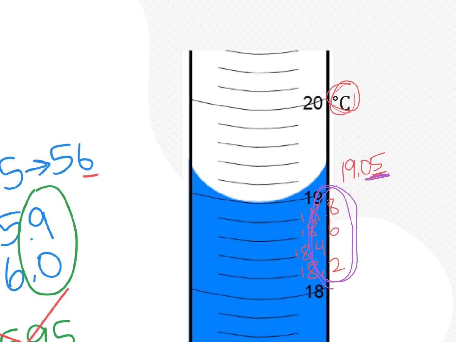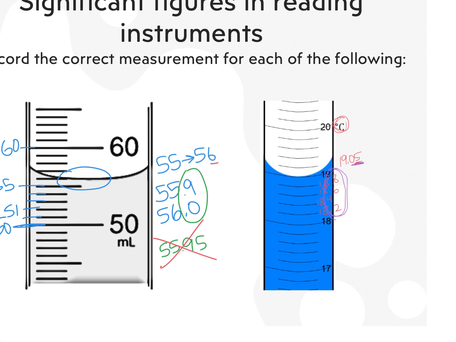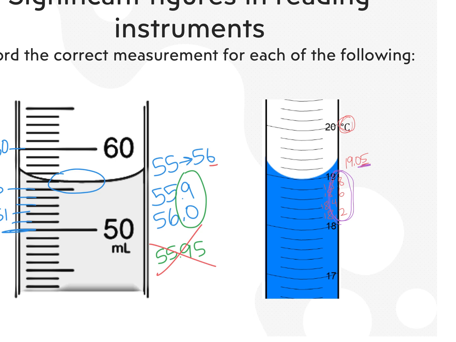So here I have 19.05. Hopefully at this point you have noticed a problem, and my problem is my units. Every single measurement has a number and a unit. If you did not put milliliters there and degrees Celsius there, something is wrong. So make sure you have units with your numbers.